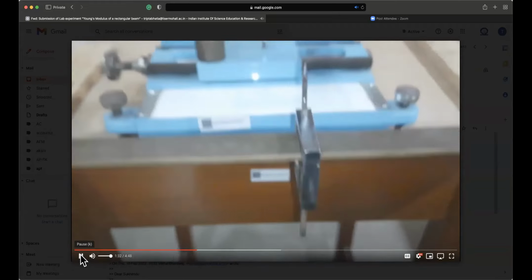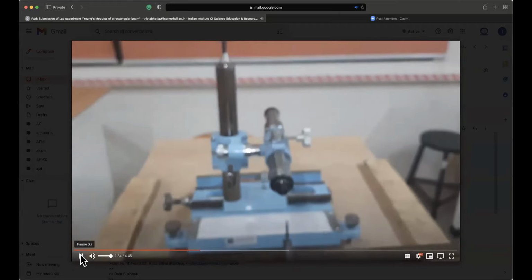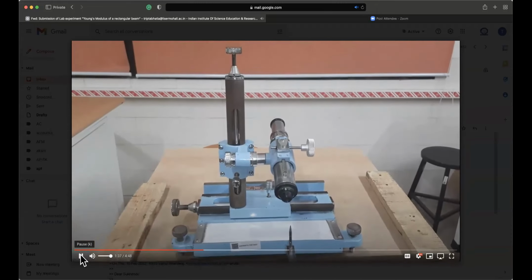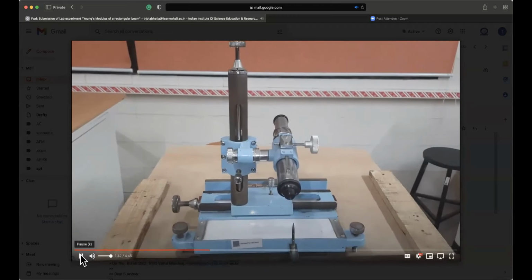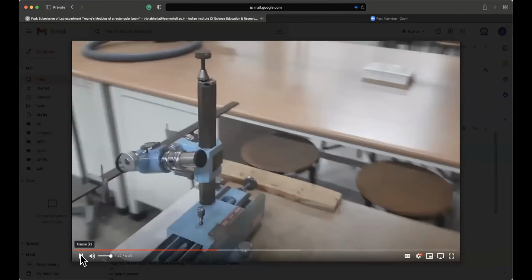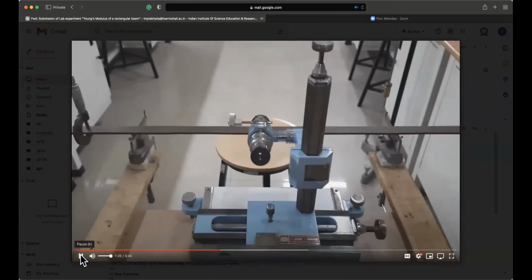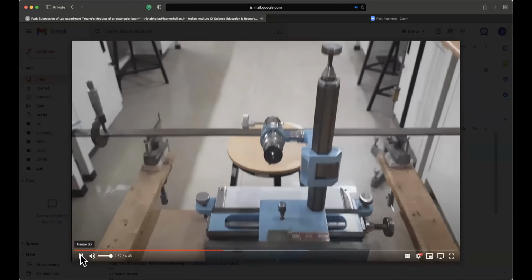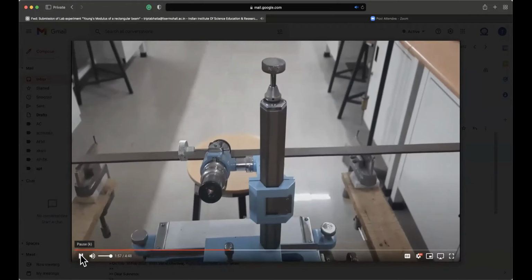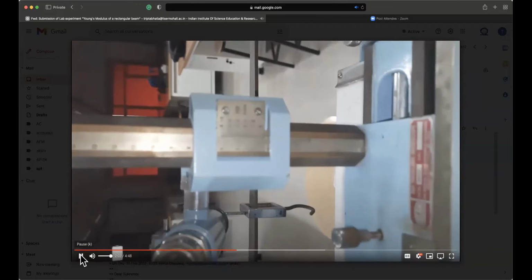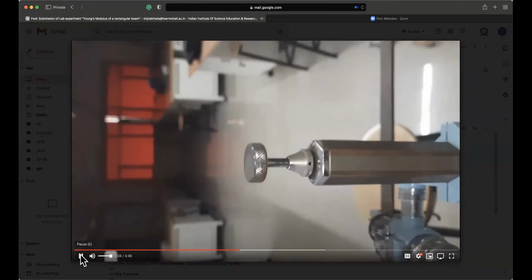And now what we will do, as you can see here, we have a microscope, and we'll first of all try to focus on the tip of this hook. So here we have already focused this microscope at the tip of this hook. You can see here, this microscope has a horizontal scale and a vertical scale. Here is the vertical scale, which will change by just rotating this top knob.